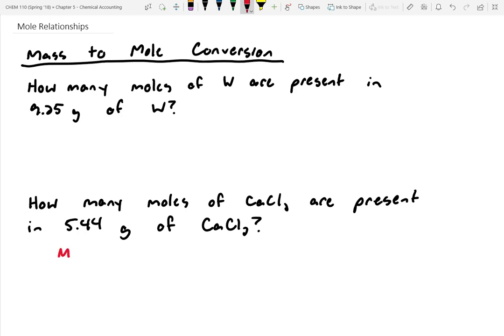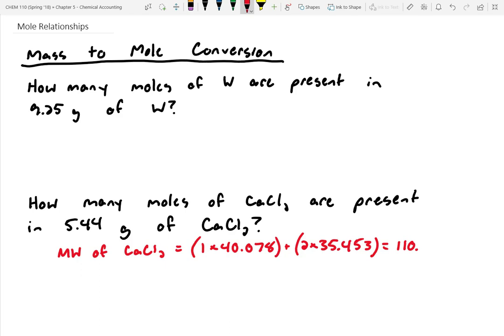We just did that. So the molecular weight or molar mass of calcium chloride, we said was going to be 1 calcium atom, which was 40.078, plus 2 chlorines, which was 2 times 35.453, which we already said was going to be 110.98 grams per mole.